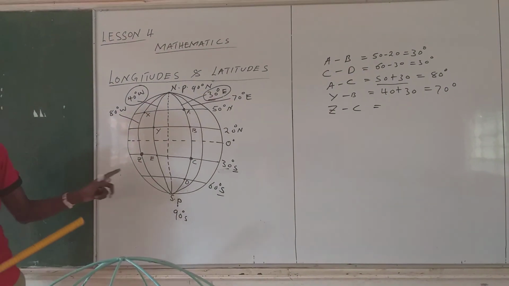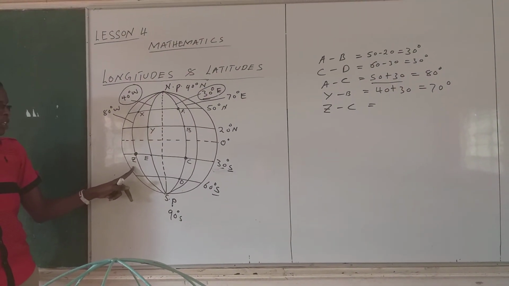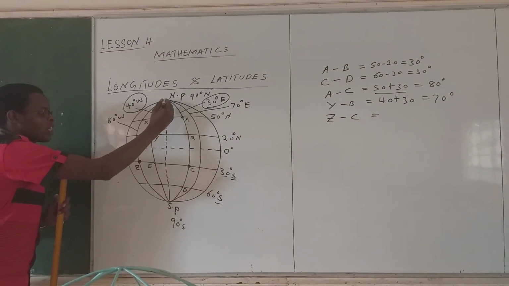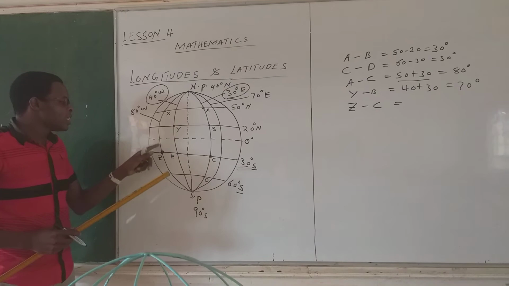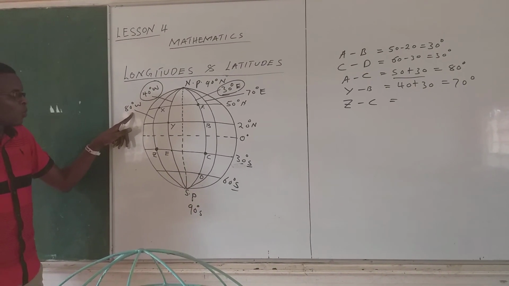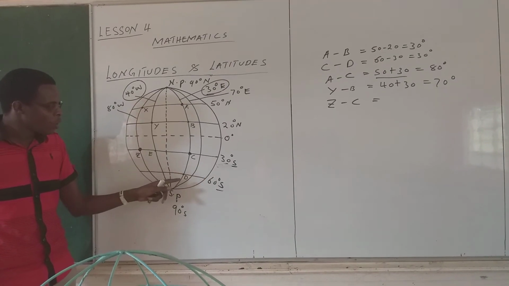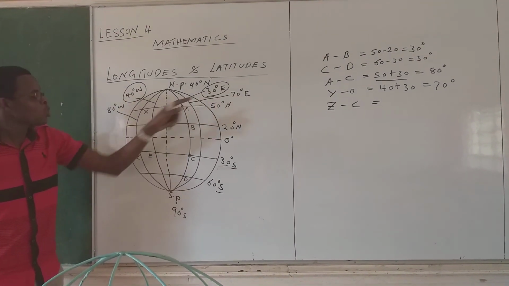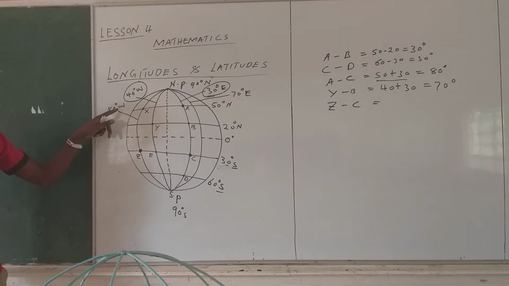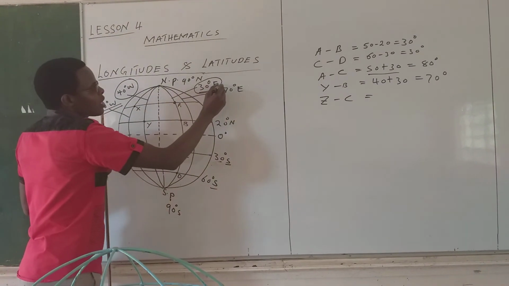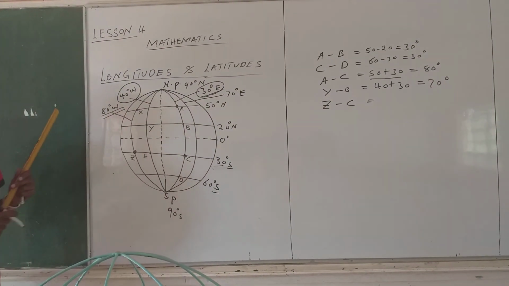Now, if you look at point Z, on this longitude of Z, this longitude is 80 degrees west. And if you consider the longitude of this point C, it is 30 degrees east. So this one is 80 degrees west, and this one is 30 degrees east. That's longitude.